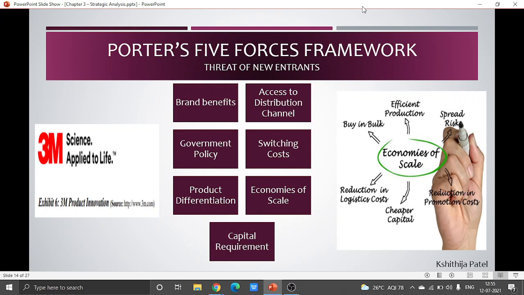It has a well-established distribution channel that has made its product available to the consumer at arm's length. So this has not only posed a challenge to products like Bingo by ITC, but also has refrained the local players from establishing themselves in the industry.